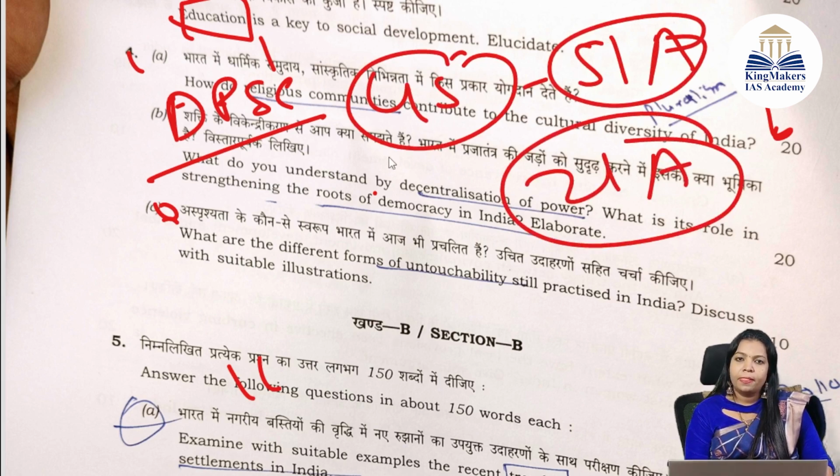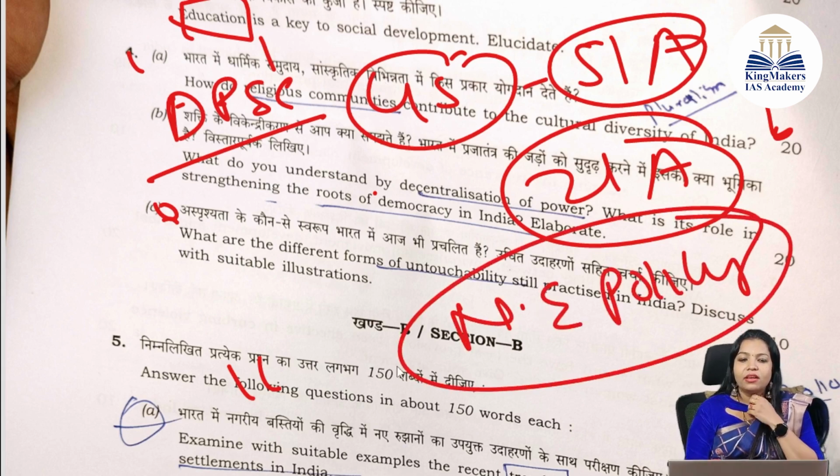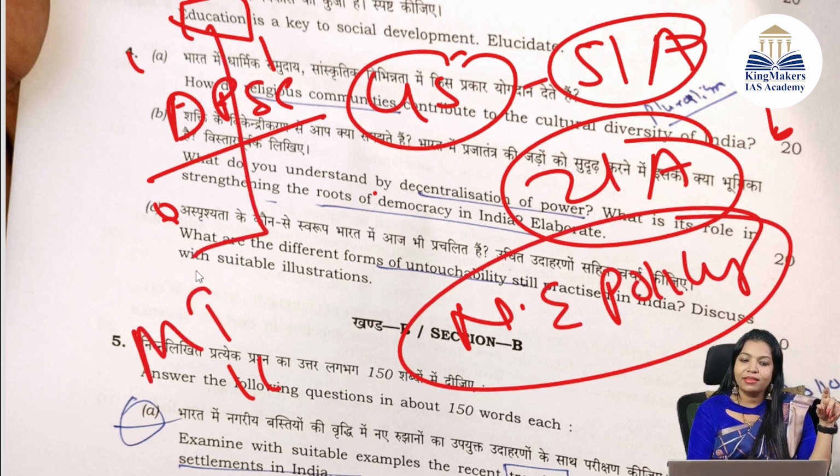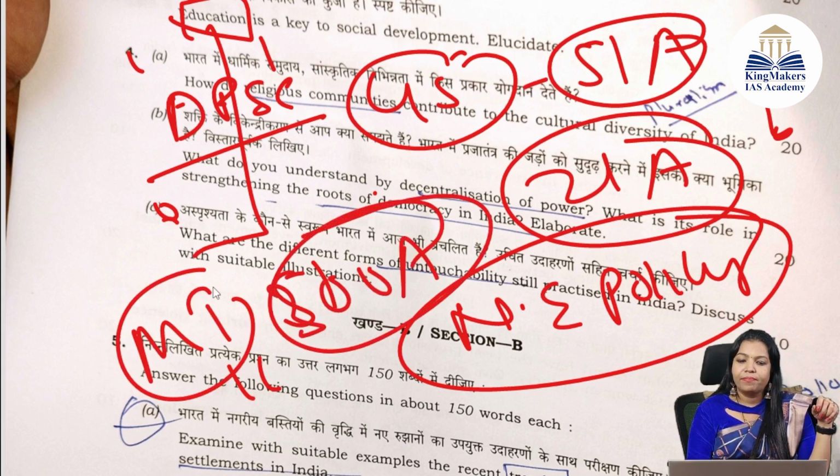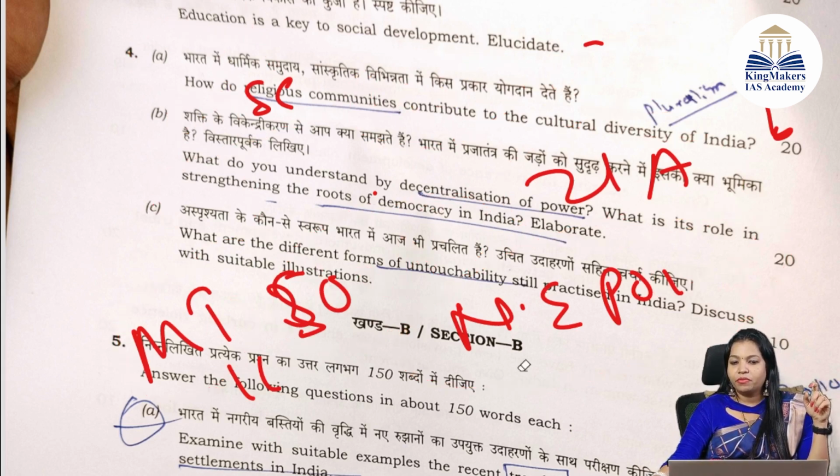Many contents are coming to my mind, and there are some things I may miss while speaking. So in education as a key to social development, the National Education Policy also you have to add here. These are the things giving social development. Even education in the mother tongue, see Article 350A. If all this is in your answers, you will really go with good marks.